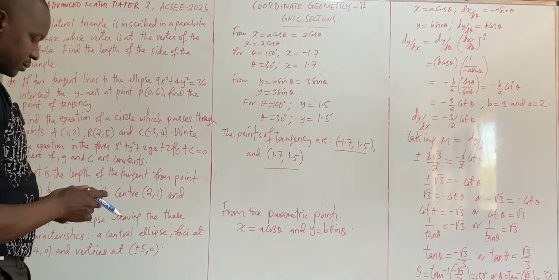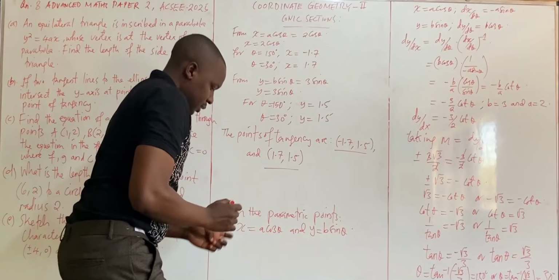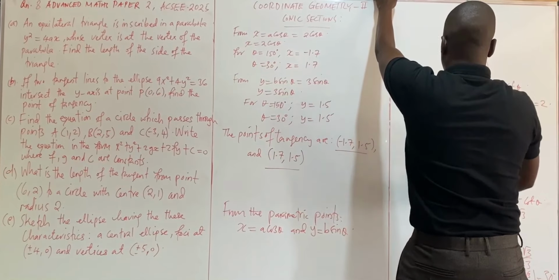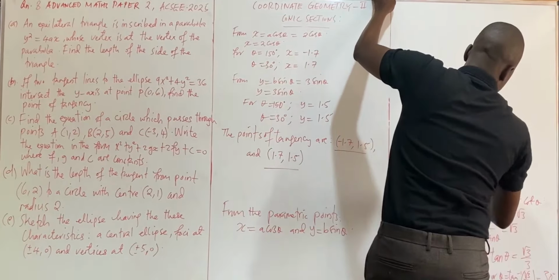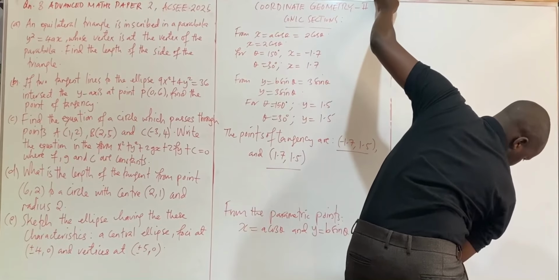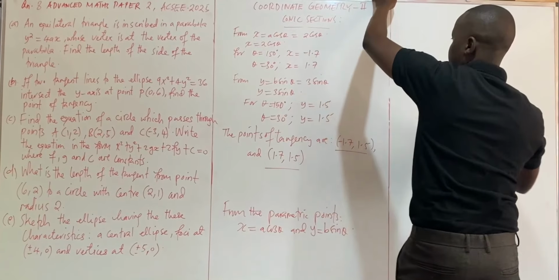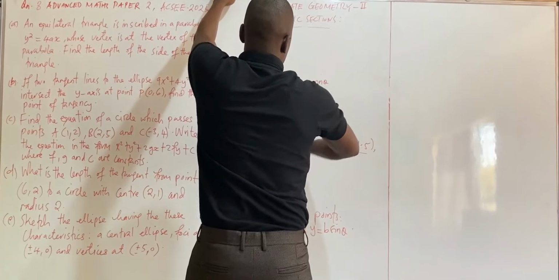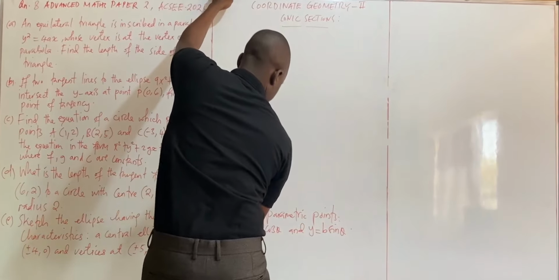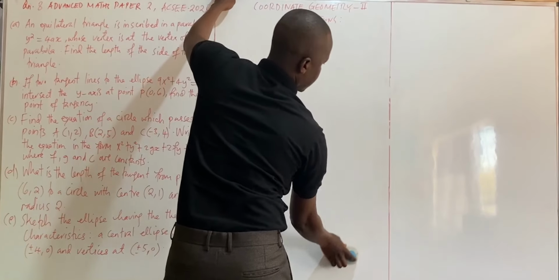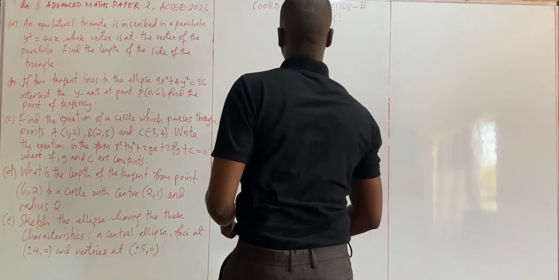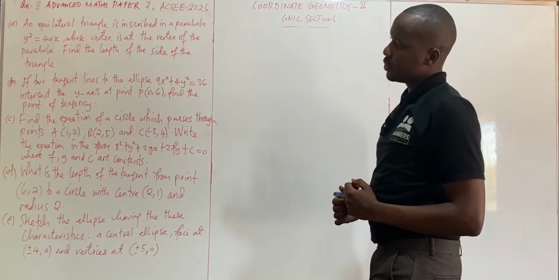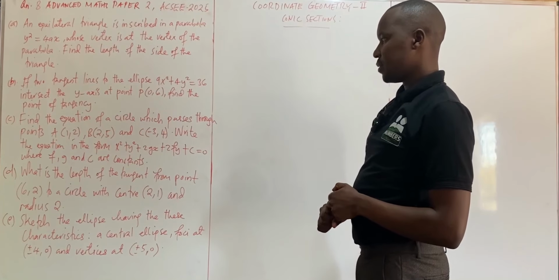Now let's see part C. In part C, find the equation of a circle which passes through the points A, B, and C. Write the equation in this form.